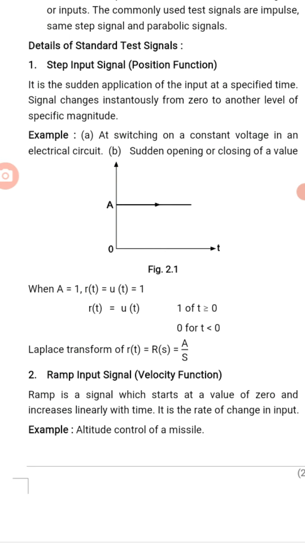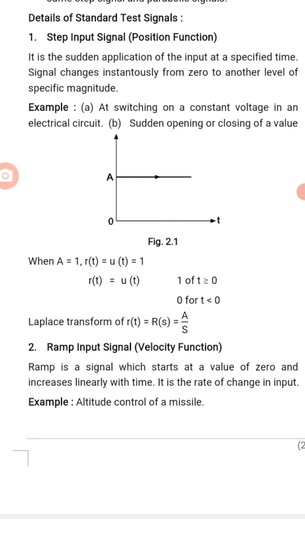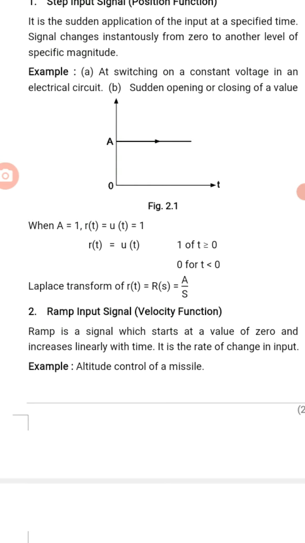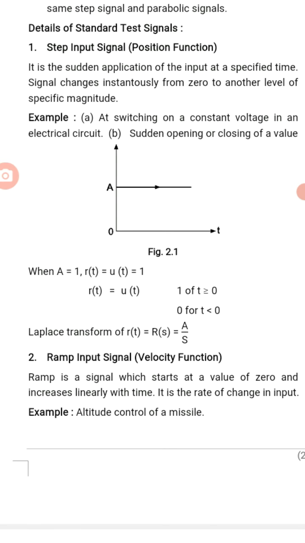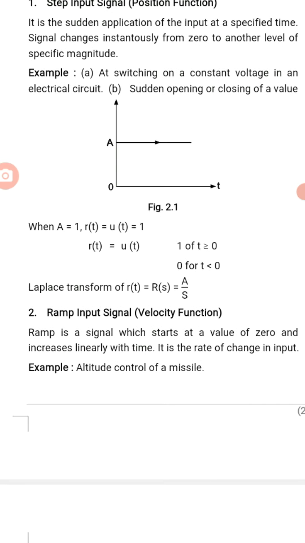Laplace transform of r of t is equal to R of s is equal to A upon s, or it is also called 1 upon s if it is a unit step signal. So this is standard unit step signal or step input signal.